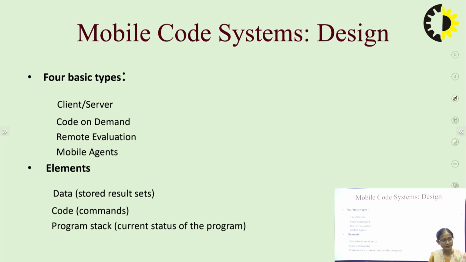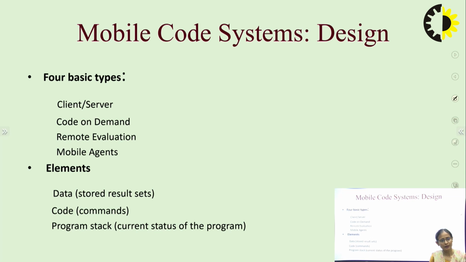Program stack shows the current status of a program: at a particular instant what are the elements within the program, at which PC value the program is being executed, and what files and other resources this program is currently using. So it is characterized with the help of the program stack.